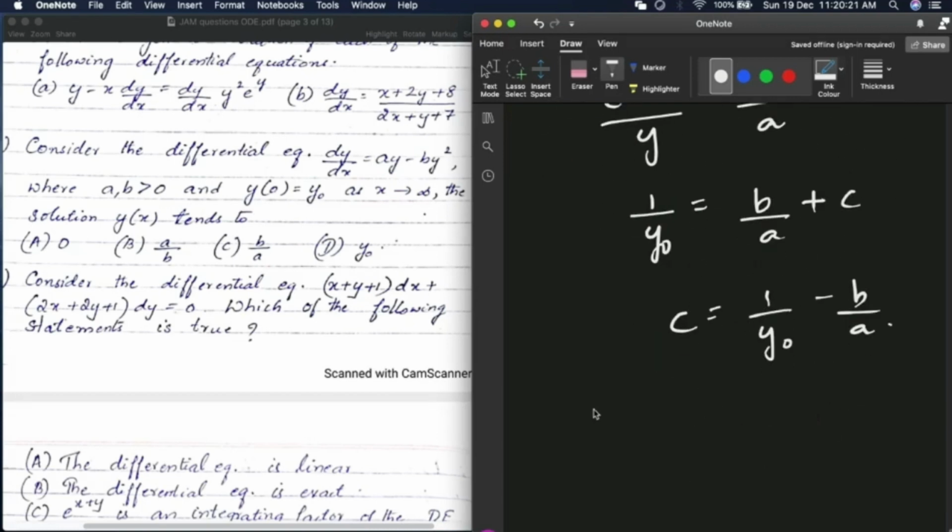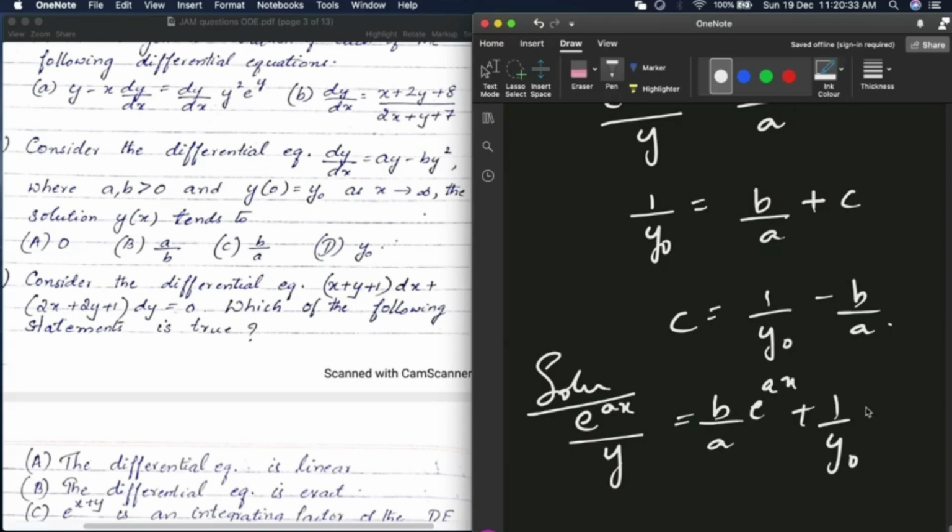So your solution becomes e raised to ax by y is equal to b by a e raised to ax. In the place of c, you have 1 by y naught minus b by a. So what is the question? Question is, as x tends to infinity, the solution tends to. So as x tends to infinity, what happens to your y? That's the question.